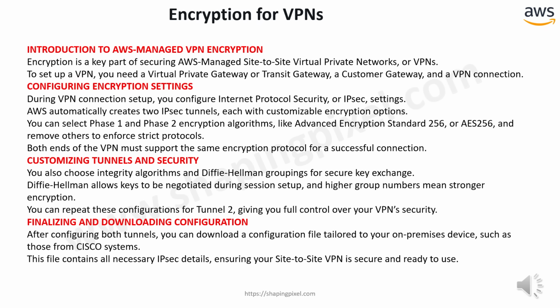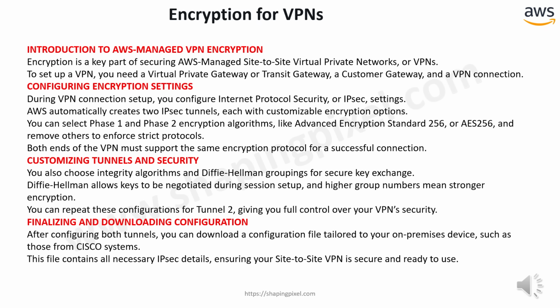AWS automatically creates two IPsec tunnels, each with customizable encryption options. You can select Phase 1 and Phase 2 encryption algorithms like Advanced Encryption Standard 256 or AES 256 and remove others to enforce strict protocols.